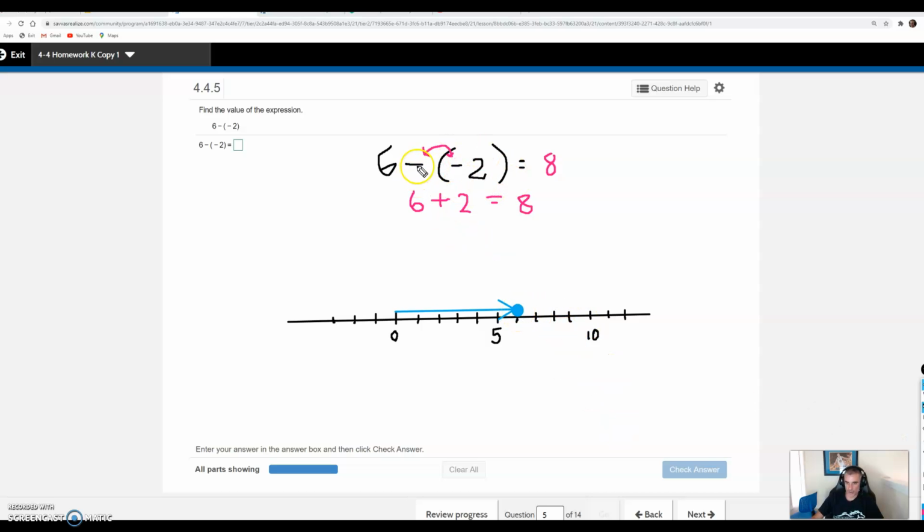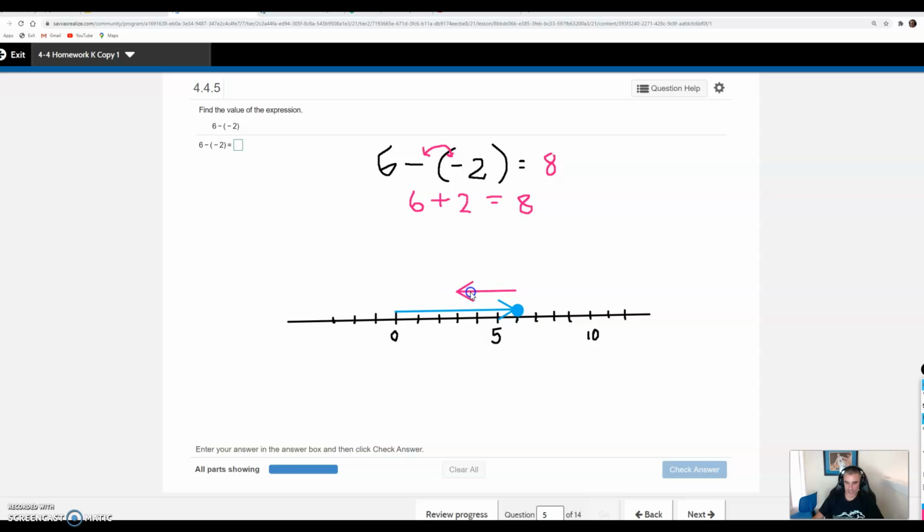Now I told you earlier that when we subtract, we're going to move to the left on the number line. Well, that's if you're subtracting a positive number. But in this case, I'm subtracting a negative number.